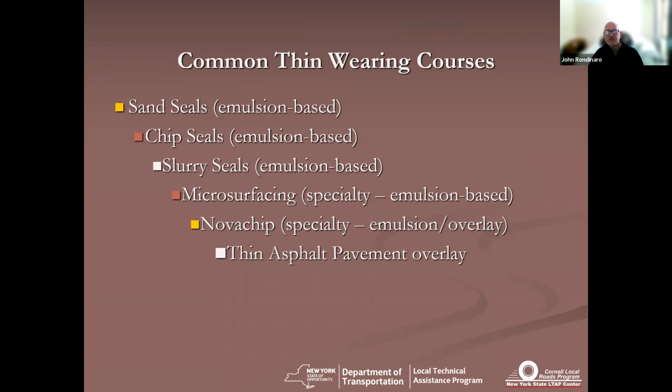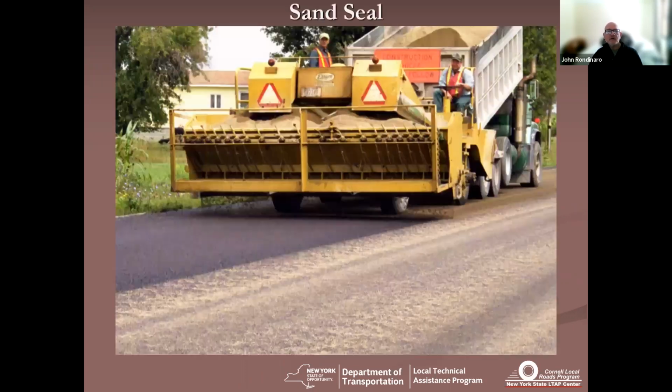And then Nova Chip is a specialty treatment, a combination of emulsion with an asphalt overlay. And then finally, we've got our standard or traditional thin asphalt pavement overlays, but in this case, they're thin, less than an inch, as compared to the 1.5 inches that we would use for a single course overlay.